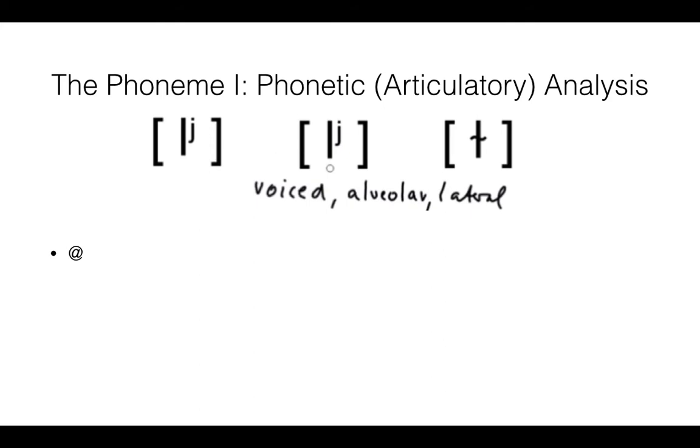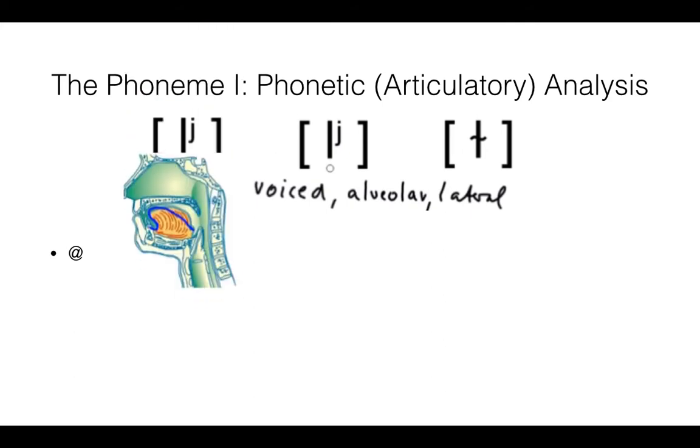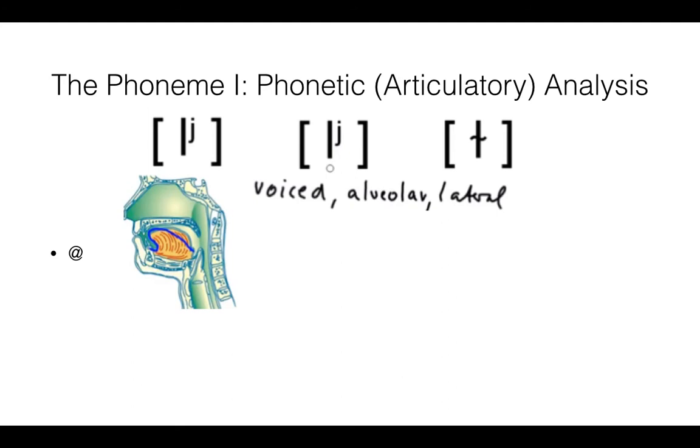Velarized. Now, how do we know this? By the anatomy. So let's go to the anatomy. This is the vocal tract. Remember the vocal tract? In this vocal tract, it shows you the tongue, which you have in blue.